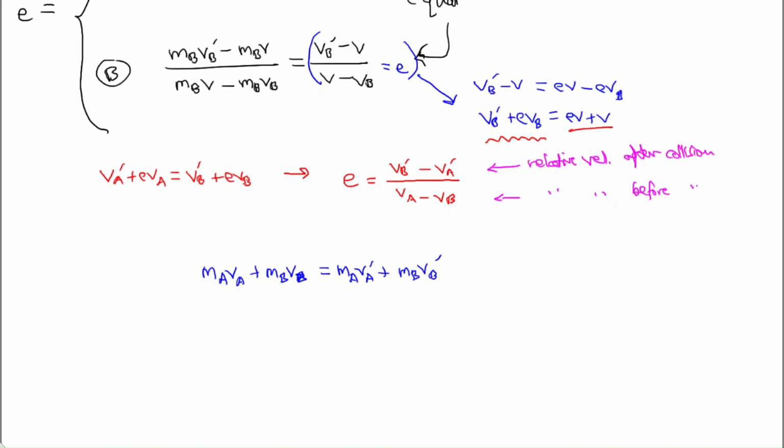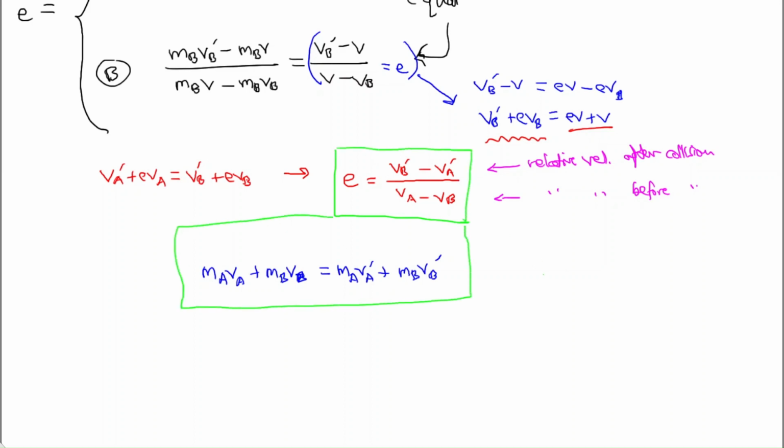Together, what we have here are essentially two equations in two unknowns that can be used to solve at least one-dimensional collision problems. Very often v sub a and v sub b are known before the collision. v sub a prime and v sub b prime are not known after the collision.